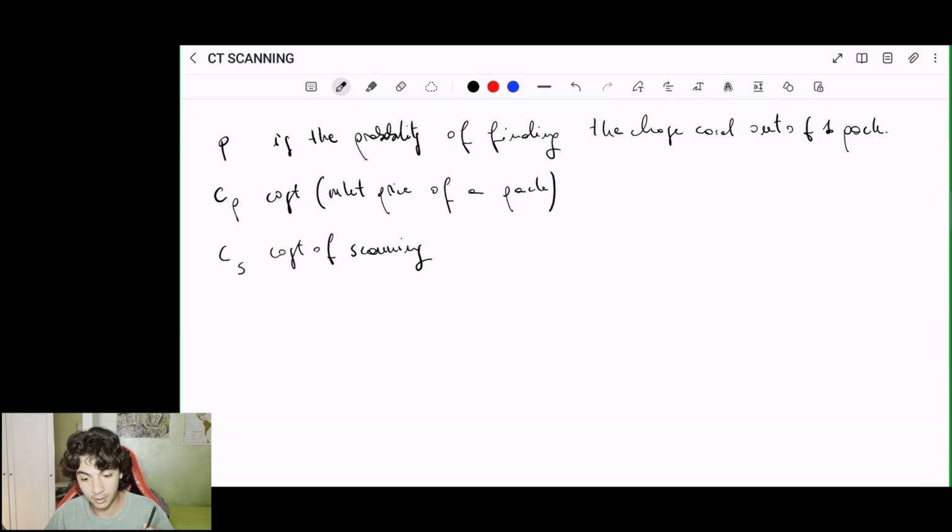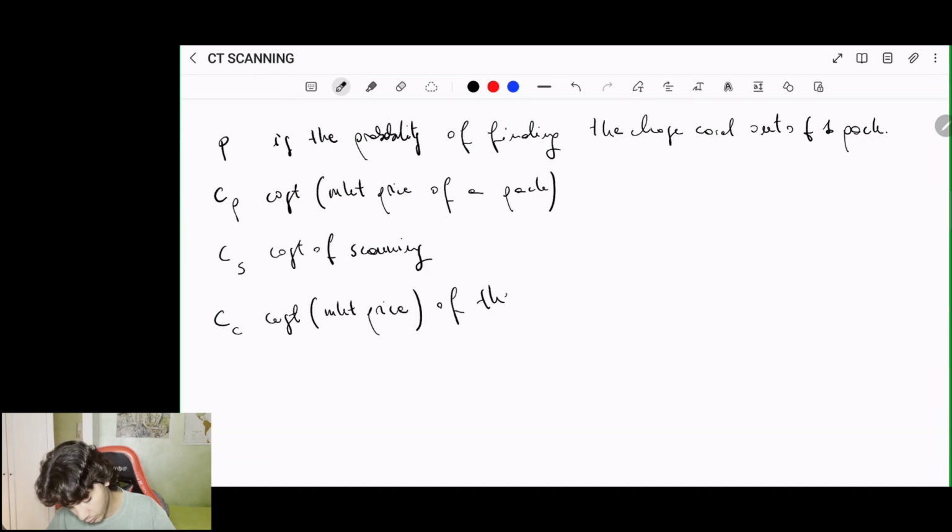Well, that is really false, and we're going to prove it in just a second. So another thing we're going to need is, let's call it C of C, the cost or else the market price, one should say, of the chase card, right? Because we're interested in that. Those are some variables that we are going to use.